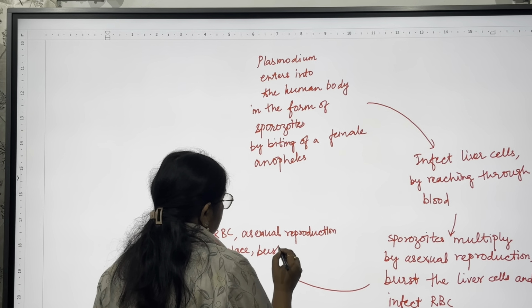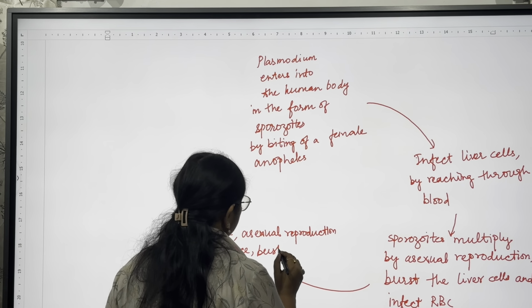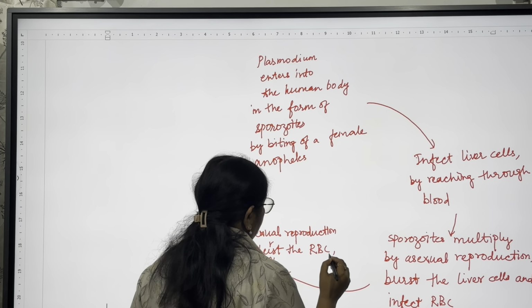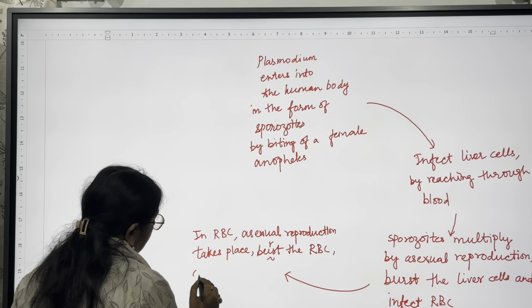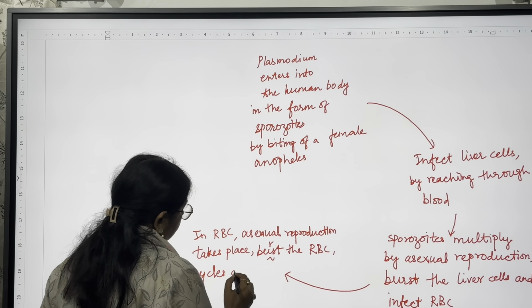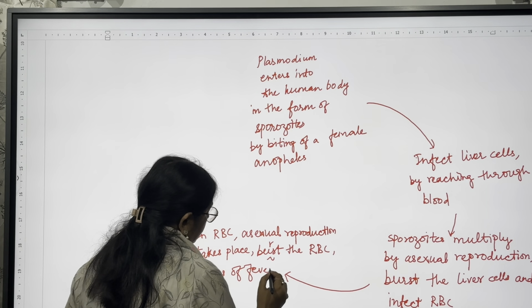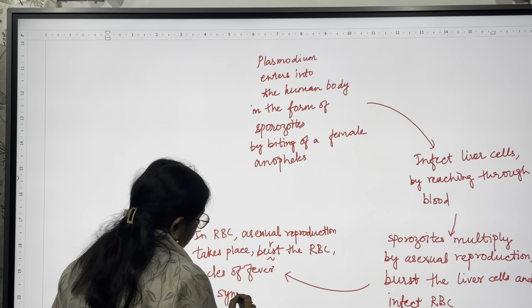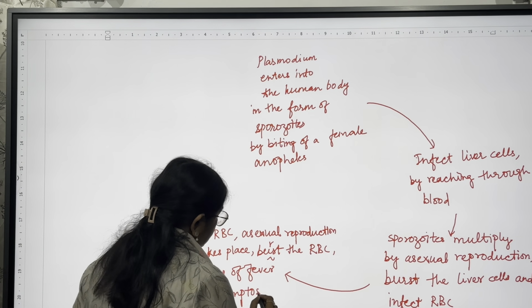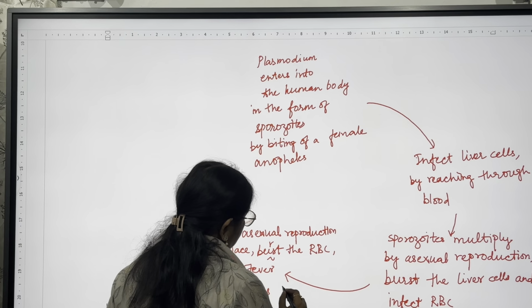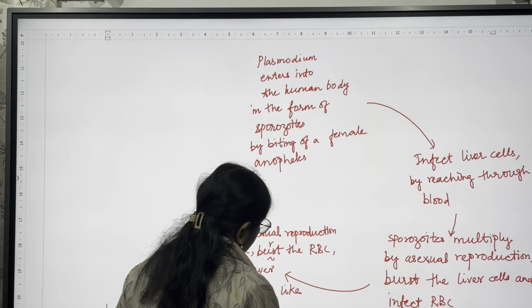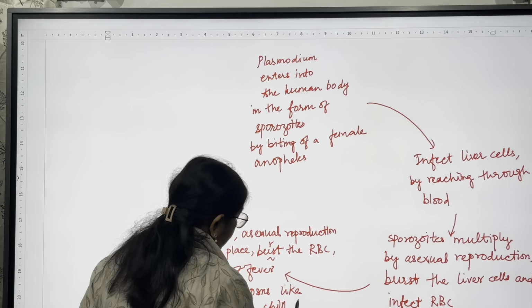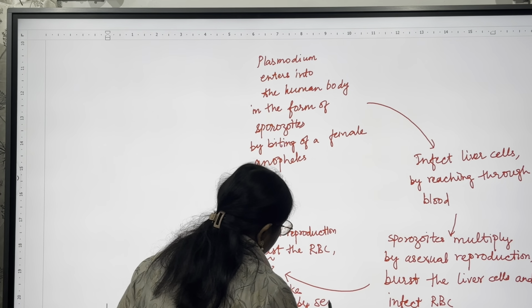Burst the RBC by causing cycles of fever and other symptoms like chill, by secreting hemozoin.